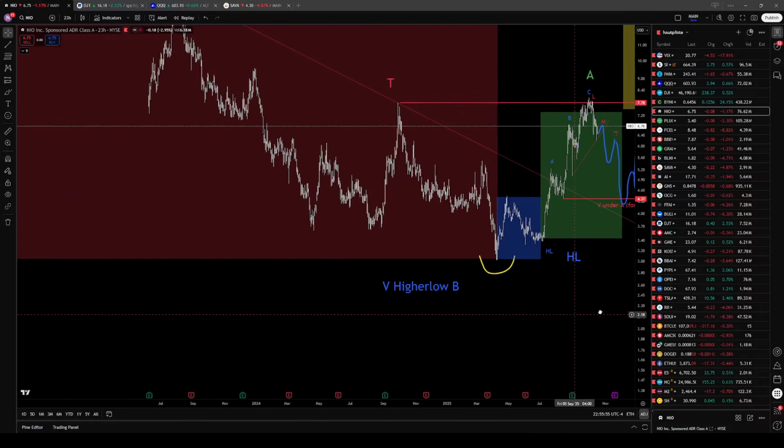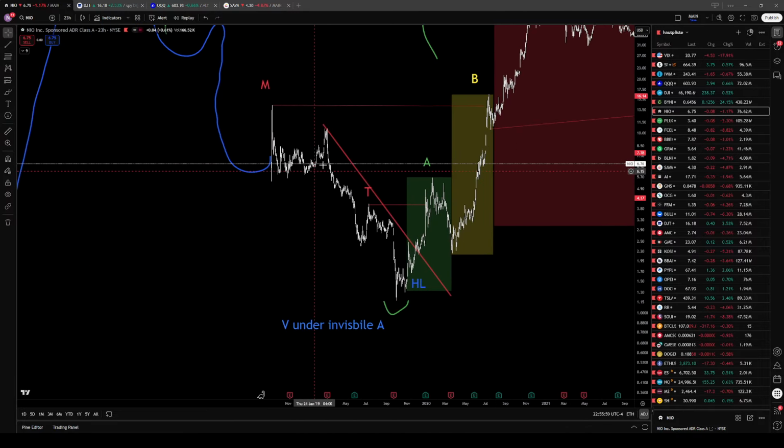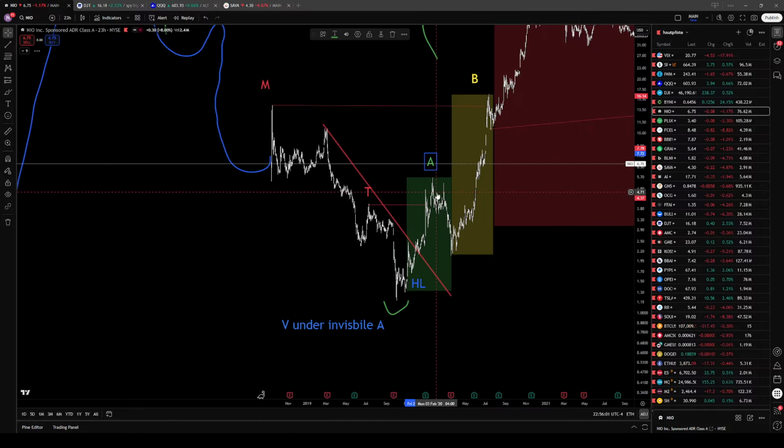I took this here. This is coming from our last A peak, big A peak at January 2020.